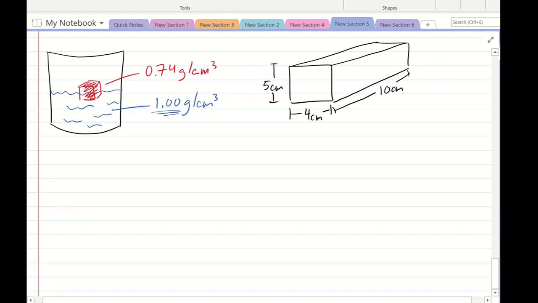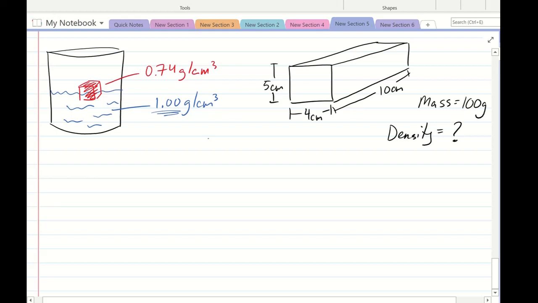How would you find the density? Let's say the mass of this is 100 grams. Volume, you're going to have to calculate. I want you to find the material density, so I'm just going to say density. What's the density of this block, and what do you think? Will it float or sink on water?